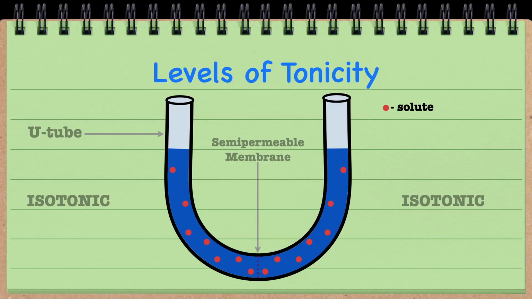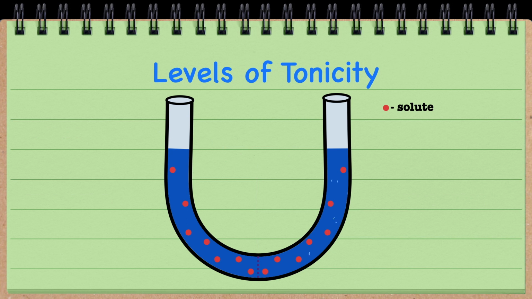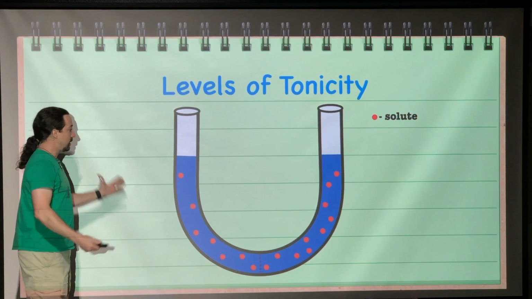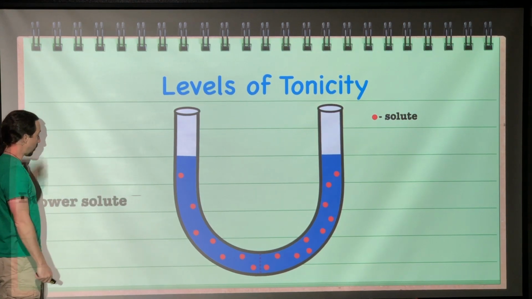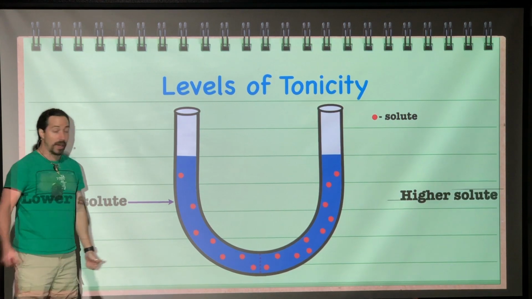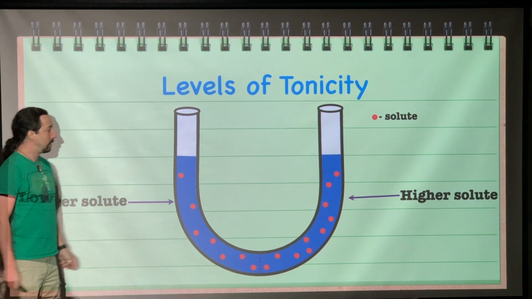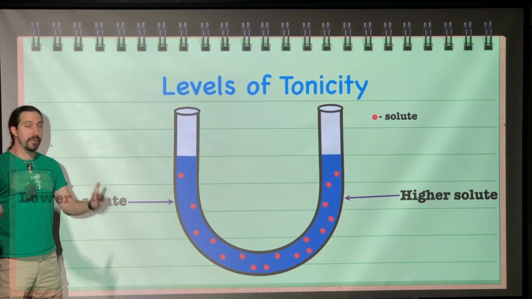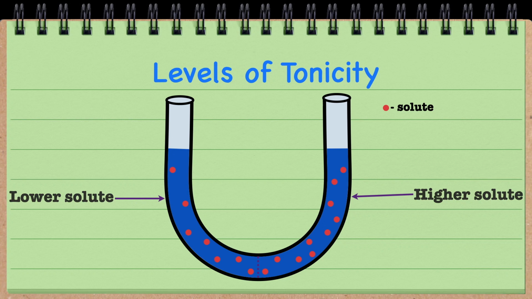But if I were to add some solute to one side, now I've added more solute to the right side. So that means that since I have lower solute on the left and a higher solute on the right, I can describe these as being hypotonic and hypertonic, because hypotonic means it has a lower solute concentration.